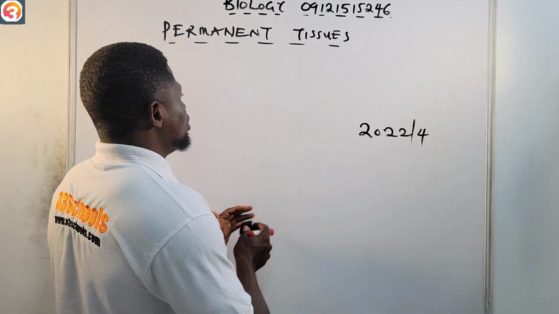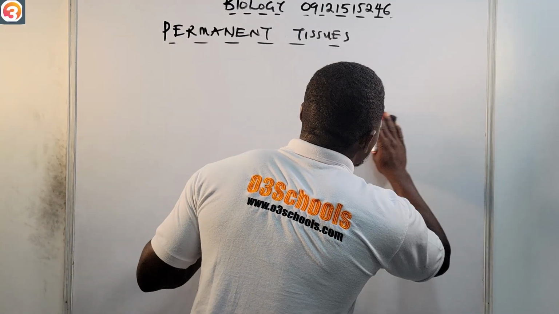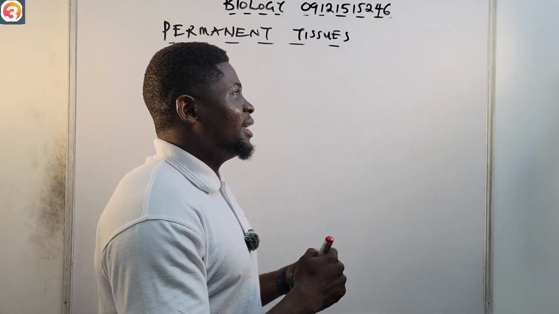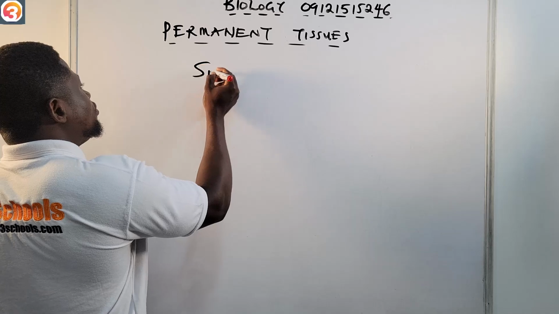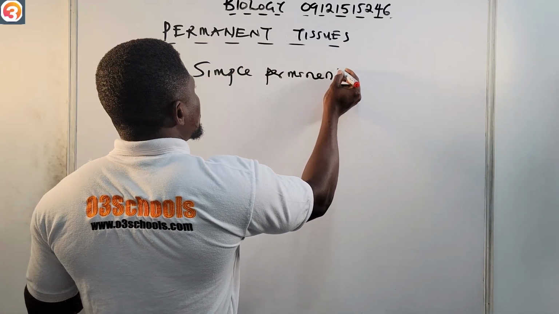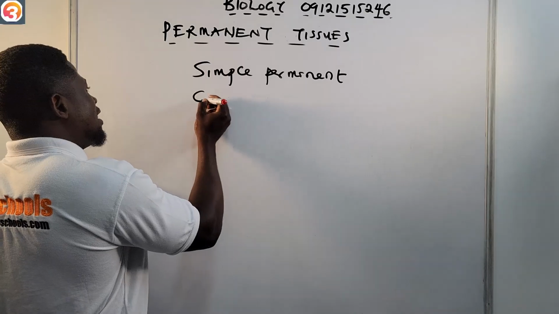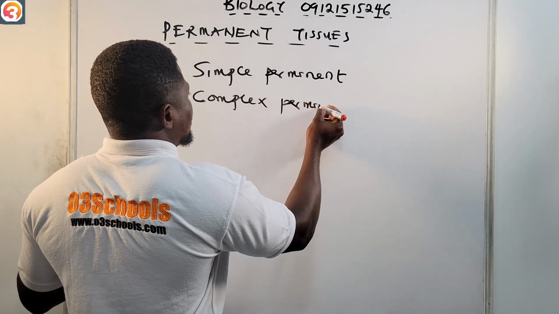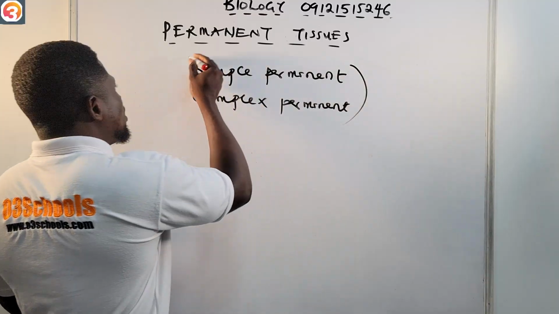Let us continue with permanent tissues. I did say initially that there are two types of permanent tissues. One we call the simple permanent tissues, then we have the complex permanent tissues.